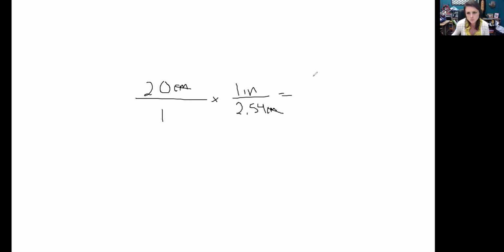Multiply. 20 times 1 is 20. 1 times 2.54 is 2.54. And then on your calculator, you divide 20 by 2.54, and you will get 7.87 inches. Remember to write your units, because we crossed out our centimeters and we're left with inches.